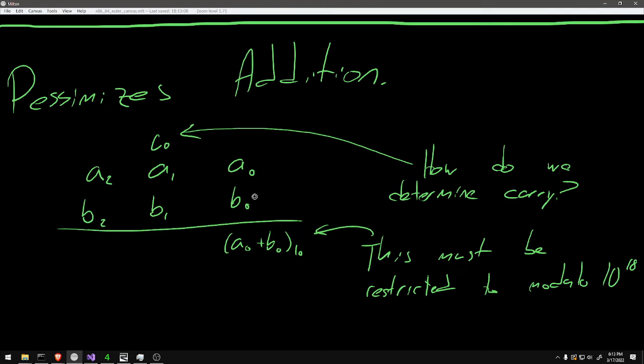And then you say, okay, use the division by 10 to the 18 to get the remainder and wrap this back into the allowable range. And if the thing we got back from the division is bigger than 10 to the 18, we'll get a 1 instead of a 0 as the quotient. And then we know that that's our carry.